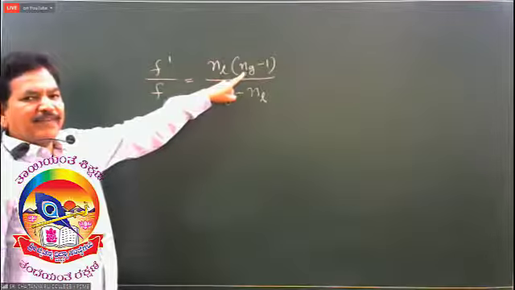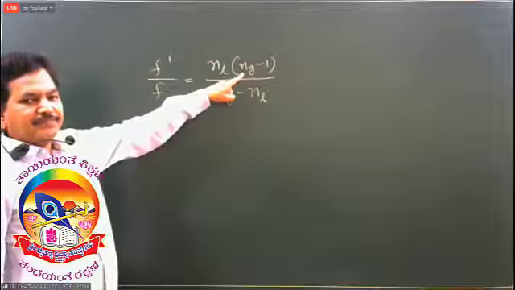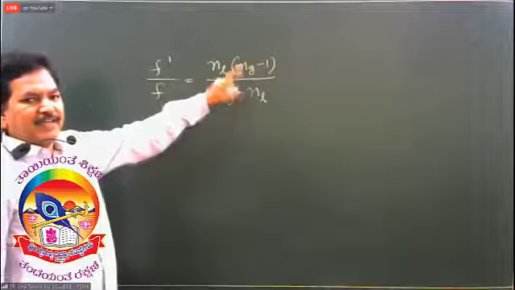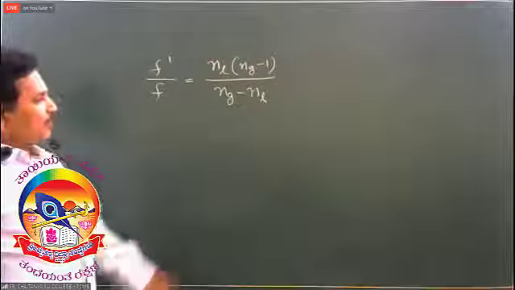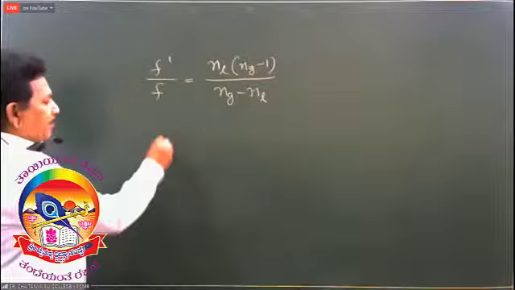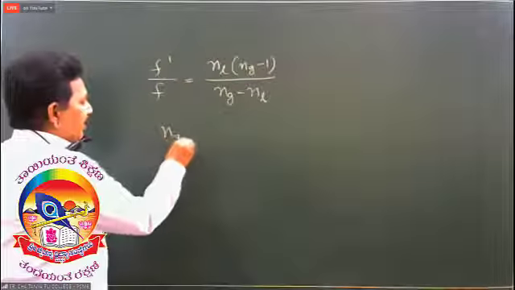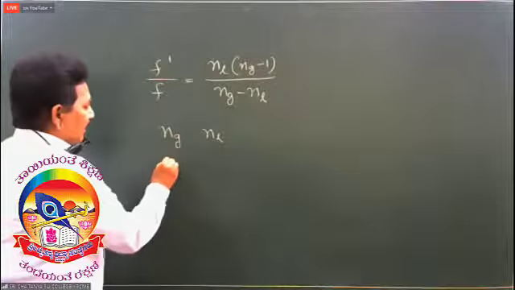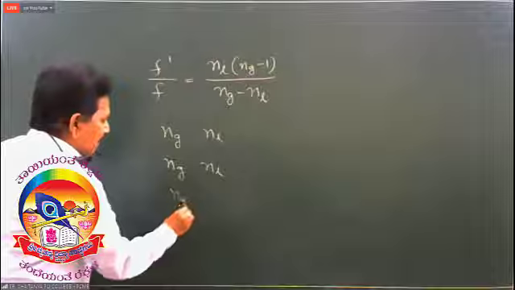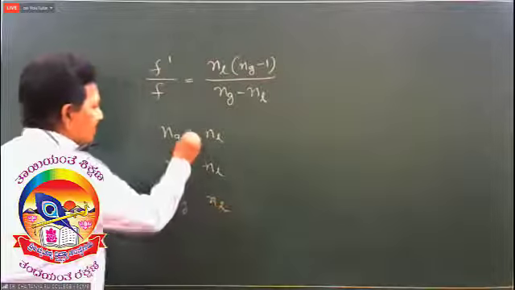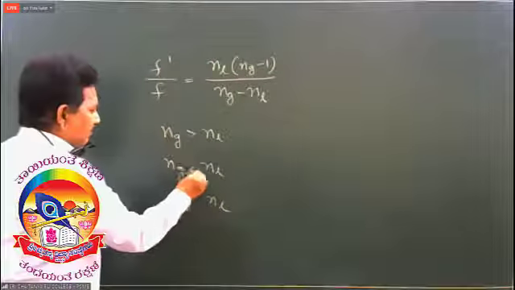NG is the refractive index of the glass. We got three conditions also. What are those three conditions? Based upon the NG and NL values: NG greater than NL, NG less than NL, NG equal to NL.